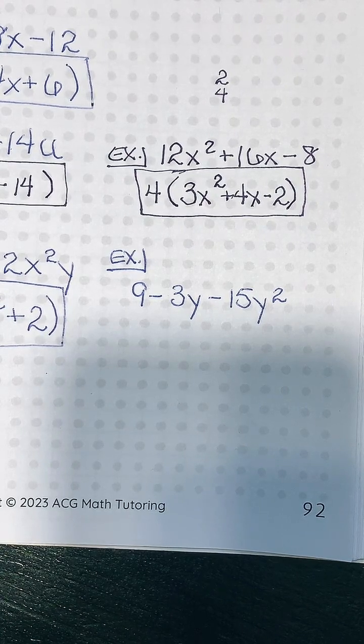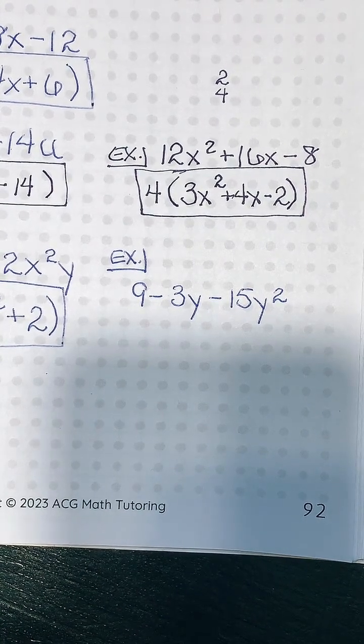Can you do one where the exponent is a negative? Factoring when the exponent is a negative, or do you want me to do the properties of exponents when it's a negative? Factoring. Okay. Because usually when you have a negative exponent, you're not factoring.